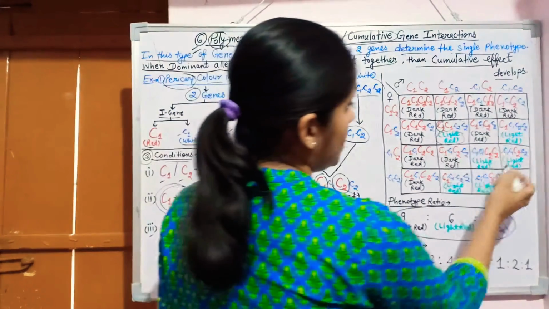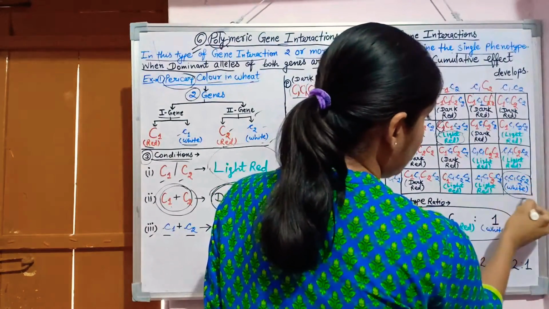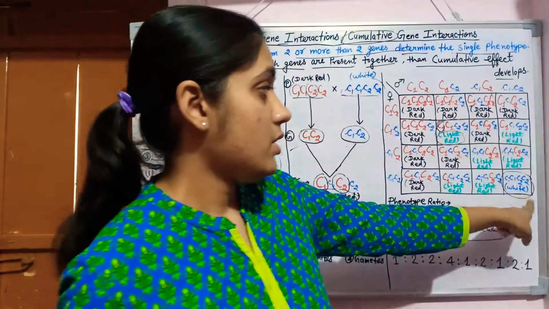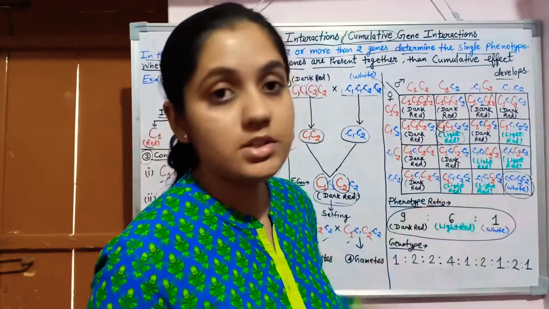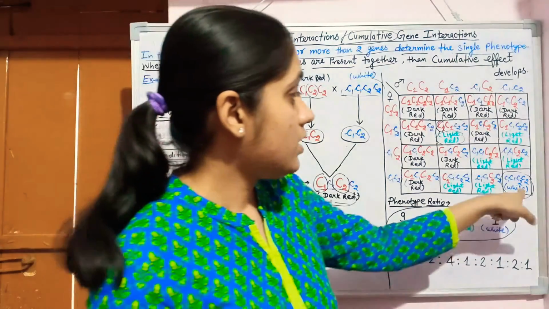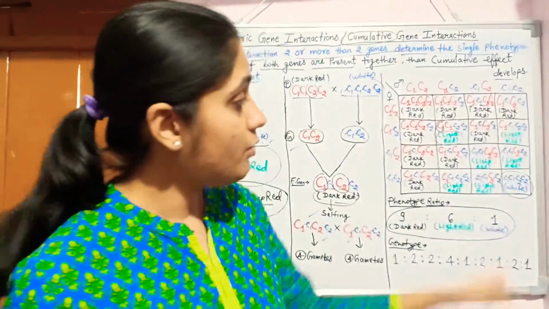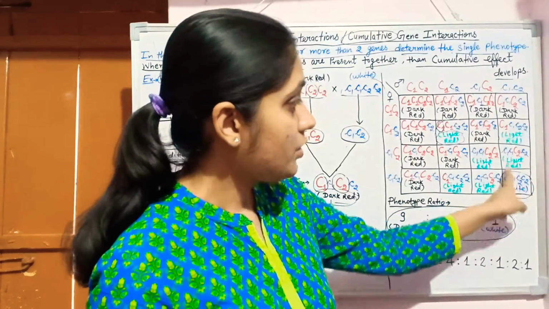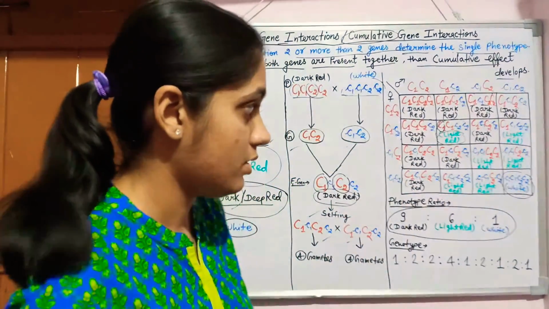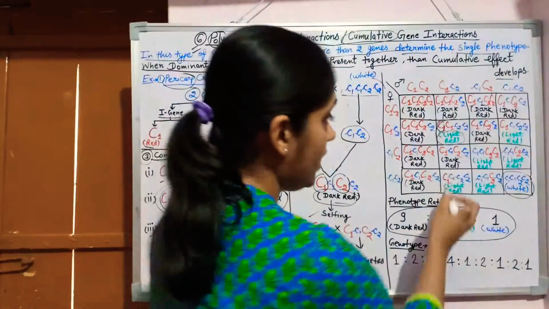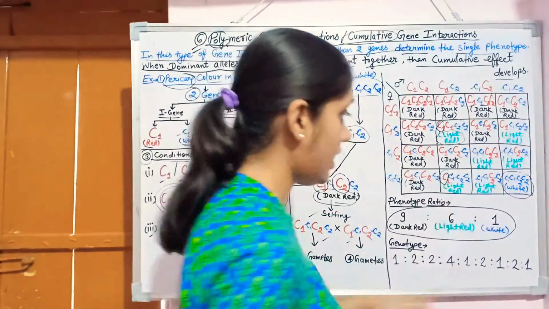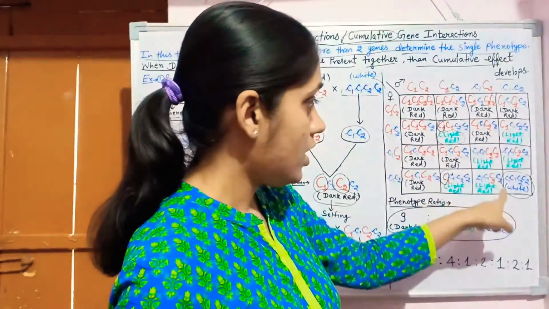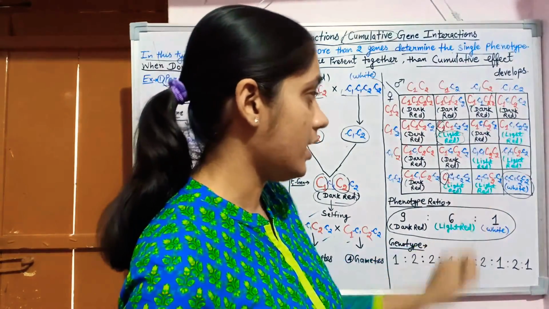And only in one position the white pericarp color seeds are produced, because in this no dominant allele is present. When only one dominant allele is present, like here C1 and here C2, then the pericarp color is light red.